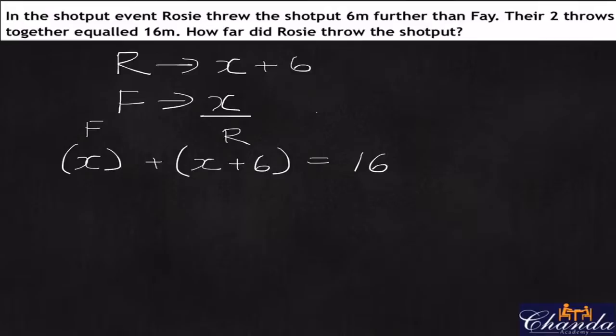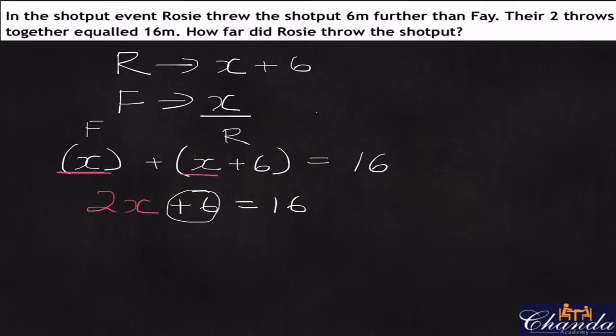So then, again, using some different colors, let's indicate our like terms. We have the x's here. So x plus x gives me 2x. Then we have the plus 6, which is equal to 16. Once again, guys, using our knowledge of how to deconstruct equations in order to solve them, we know that plus 6 needs to be gotten rid of first.